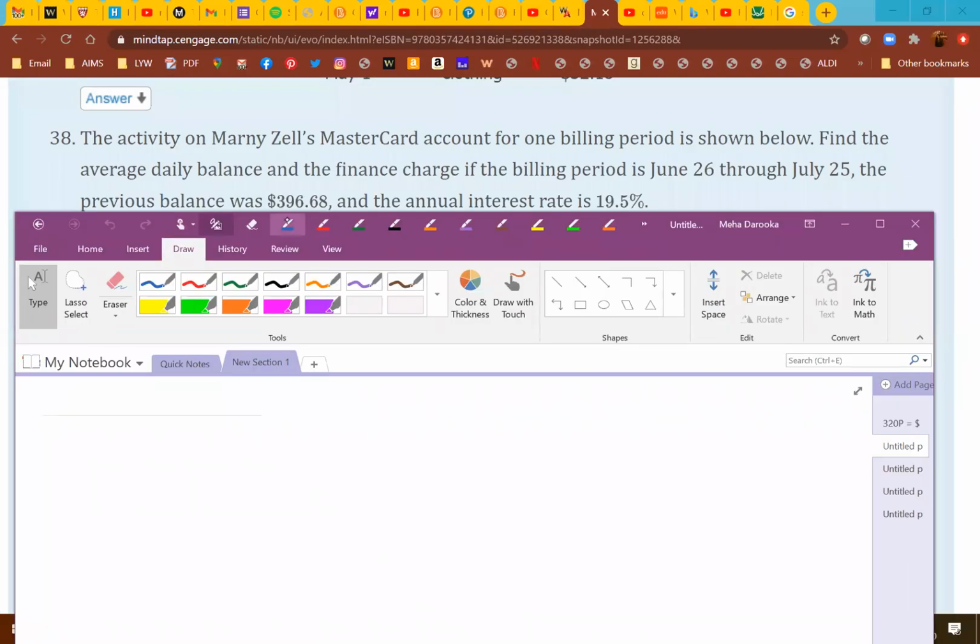Okay, so let's put down the information we have on hand. Our billing cycle is going from June 26th to July 25th.